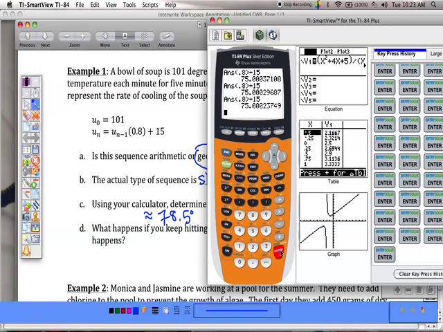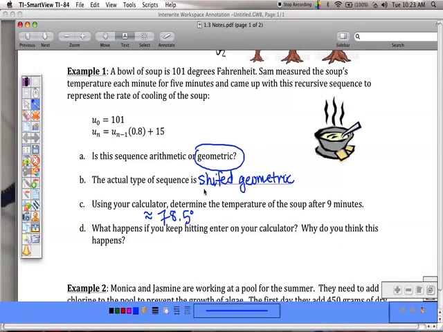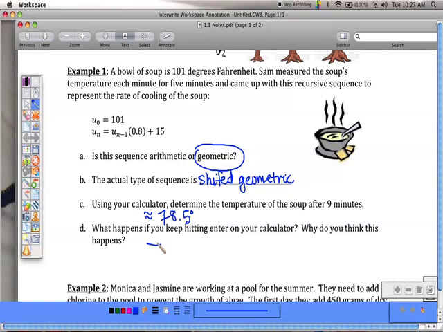Keeps getting closer and closer to 75. So if you kept hitting that, it would get closer and closer to 75 degrees. And maybe an explanation is that room temperature is 75 degrees and your soup doesn't get colder than room temperature. So it looks like it goes towards 75 degrees.